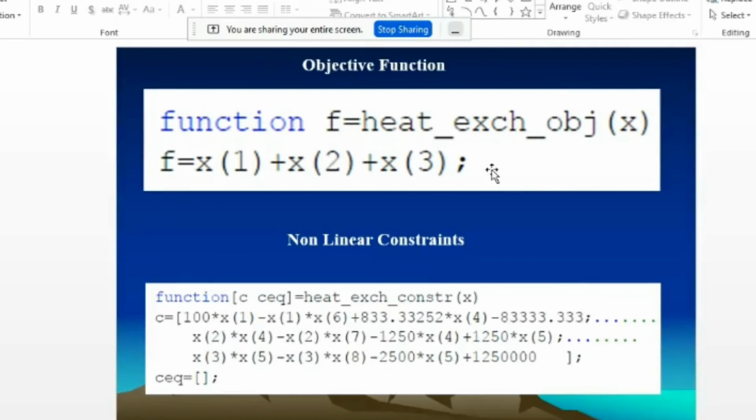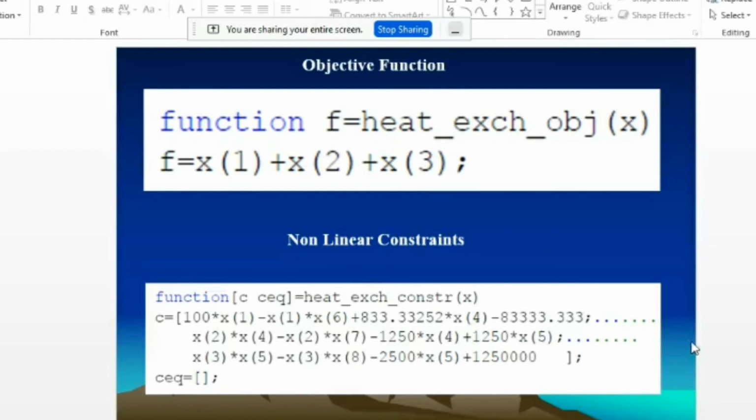So here is the m file for the objective function. This is the file name I gave. Same objective function. Then again another m file for nonlinear constraints, right? So constraint 1, this is a colon dot dot dot, to specify the continuation only.